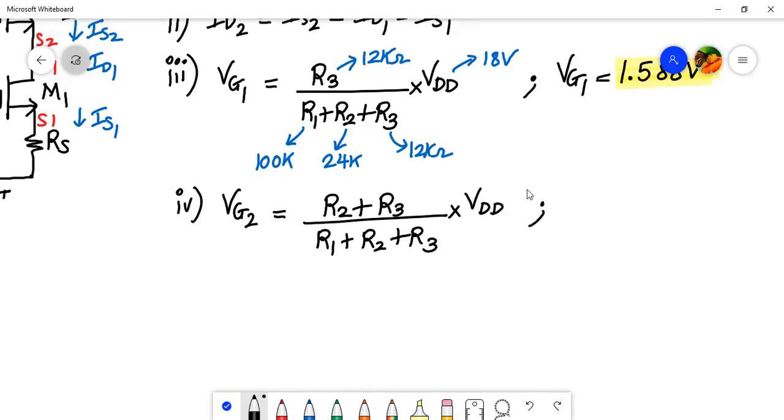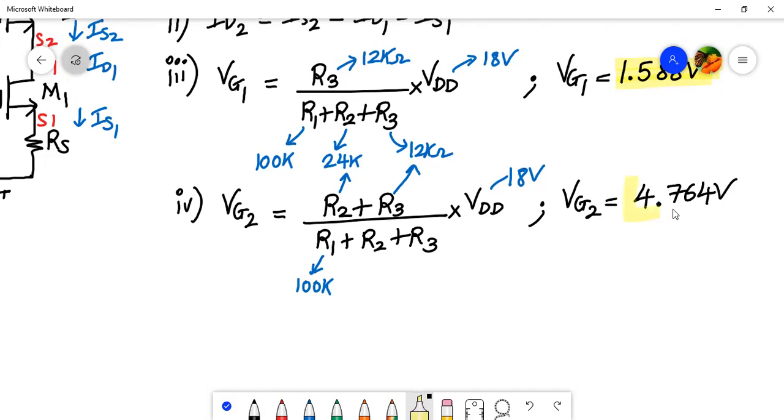So this is R2 value, this is R3 value, R1 is 100K, and this is around 18 volt. If you plug in these values in the calculator, your value of VG2 will be higher compared to VG1, and it's coming out to be 4.764. Okay. So VG1 and VG2 we have calculated.